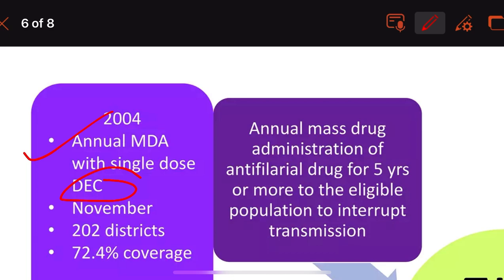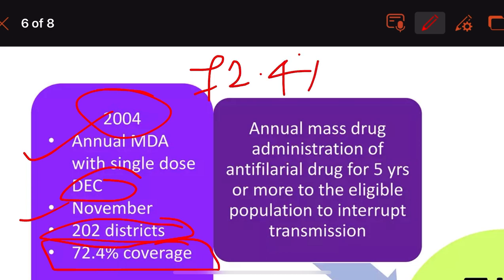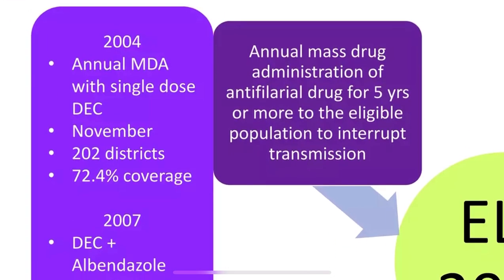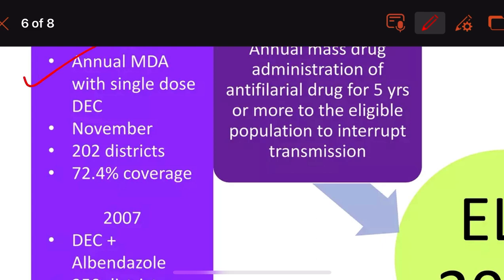By November 2004, they were covering about 202 districts, and it improved to 72.4% coverage of the population. So guys, in 2004, what will you remember? The annual mass drug administration with a single dose of DEC, 202 districts were covered and 72.4% coverage was seen.